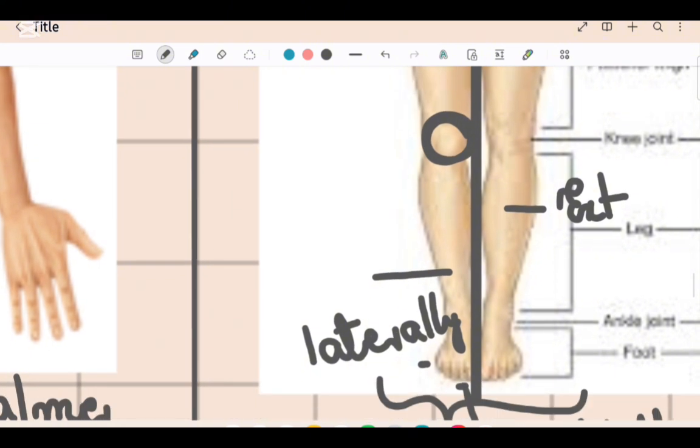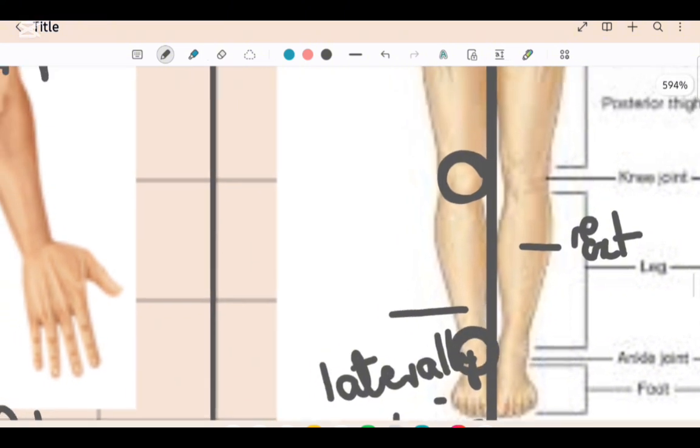Now regarding the ankle joint, your knee joint is basically proximal and your ankle joint is distal. So we call it proximal and distal with respect to the root of the limb.